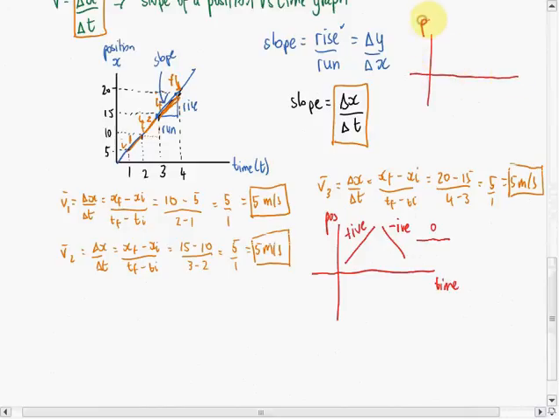If I had a position versus time graph, well, let's say at 1 second I was at the 5 meter mark and I kind of just chilled out there, and then at 2 seconds you wanted to see where I was, and I was still at the 5 meter mark, and at 3 seconds I was still at the 5 meter mark. What does that mean?